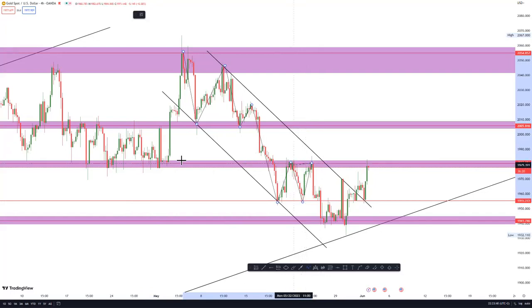So we know support here was broken and price came back for a retest, and from here we are supposed to be looking for selling opportunities. If you sell here, you take profit at your next low, or it depends on your trading style. If you are a swing trader, maybe you want to hold it, that's up to you.